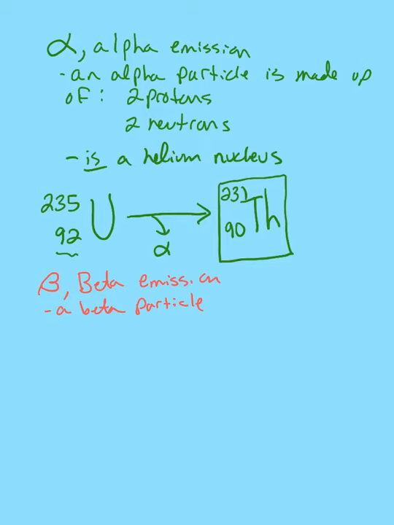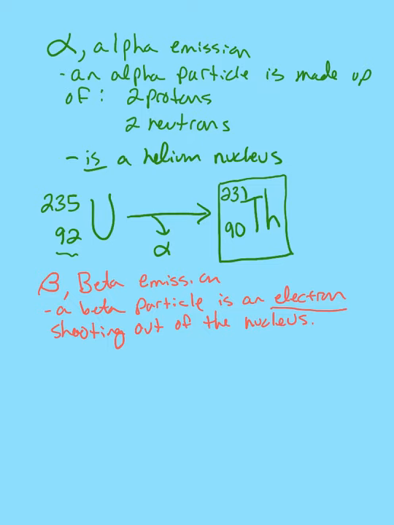A beta particle is an electron shooting out of the nucleus. Yep, that's what it is. It's an electron that is shooting out of the nucleus.